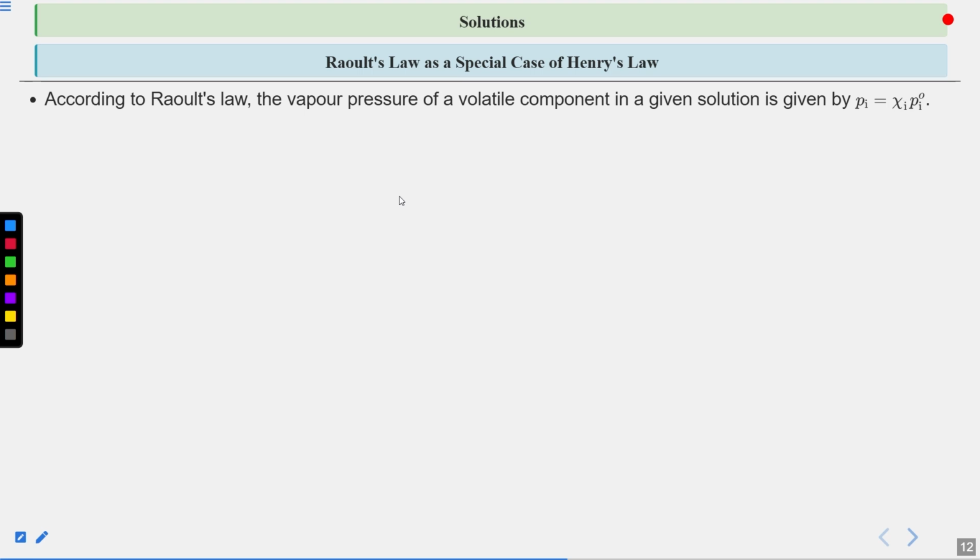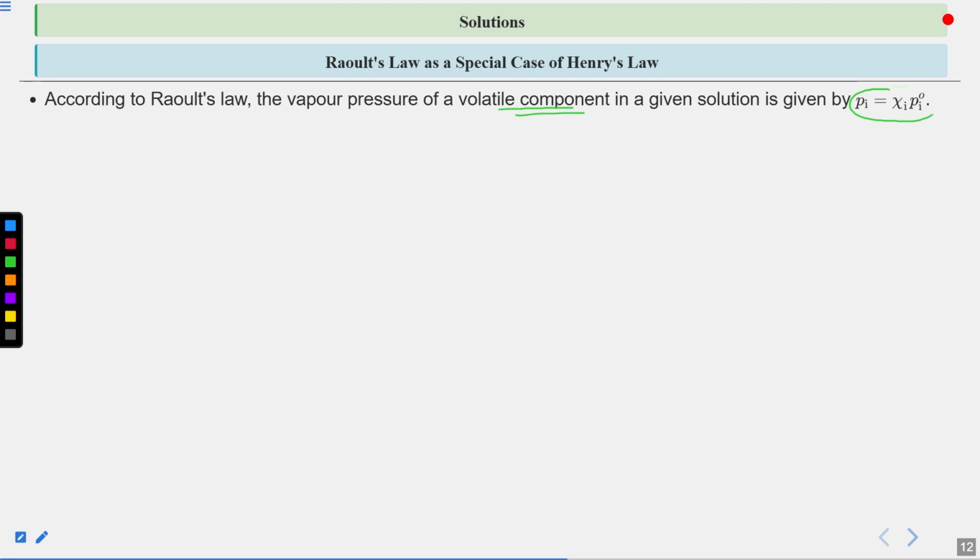This is somewhat difficult to understand for some students. It is the topic of Raoult's law as a special case of Henry's law. So according to Raoult's law, the vapor pressure of the volatile component in a given solution is given by Pi equals P naught i into chi i.